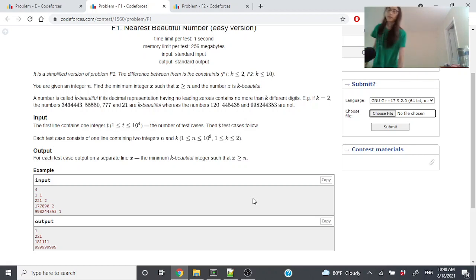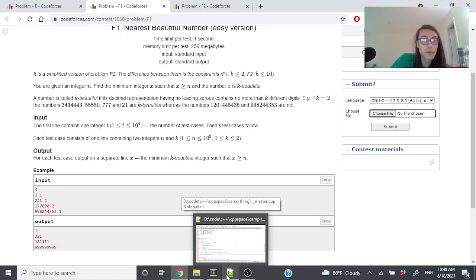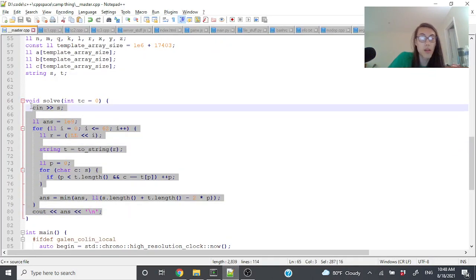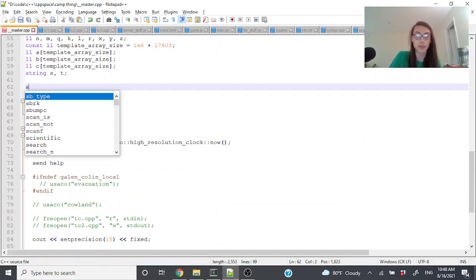Okay, we can generate all the numbers, I guess. We can just brute force this.